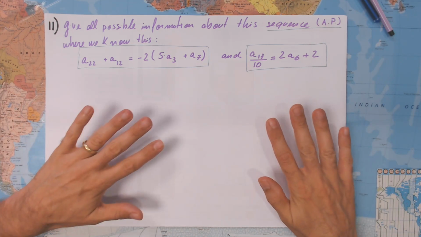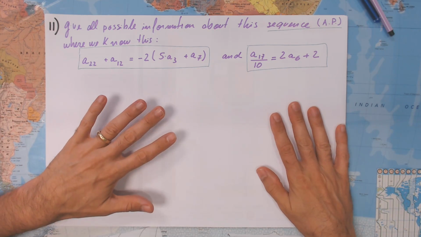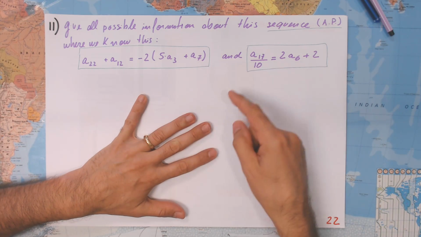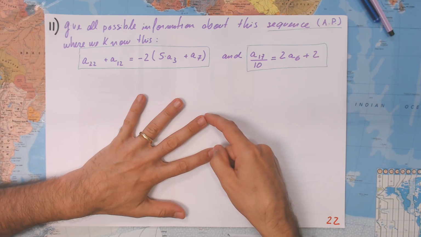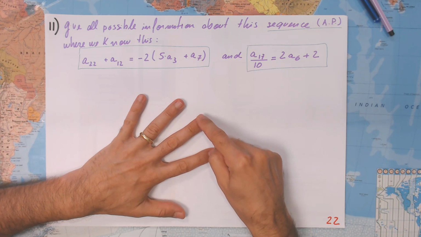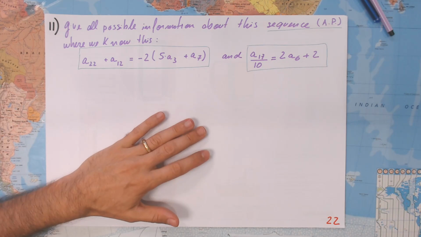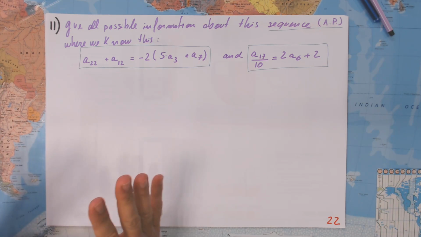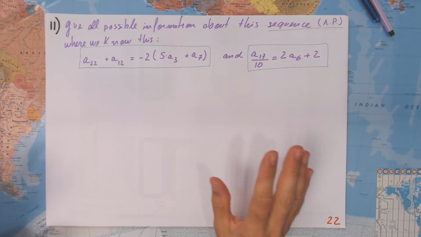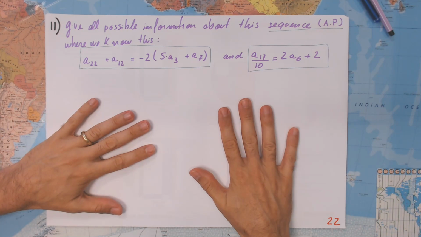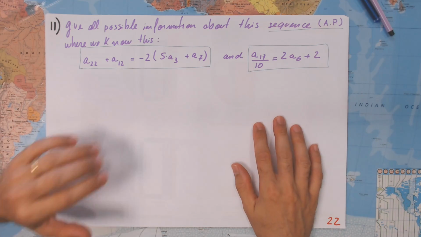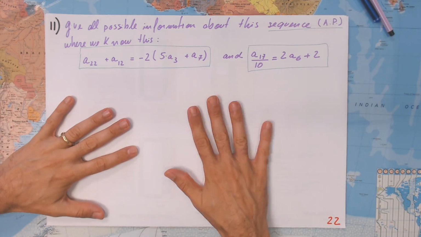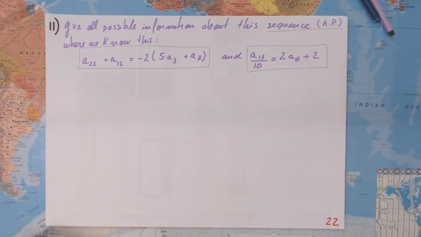So I would like you to pause for a minute and consider how you are going to get a sub 1, the common difference, and also the general term for this sequence. If you did not have your time, please pause it right now and then come back. I'm just going to wait a few seconds and then start resolving it.